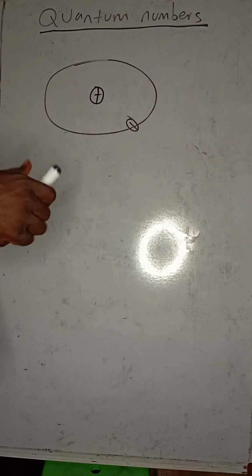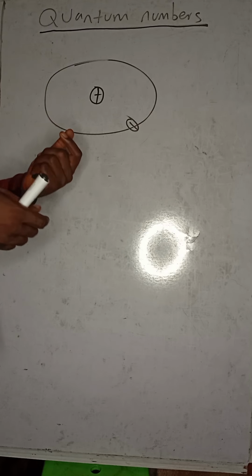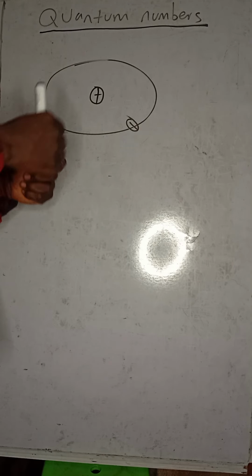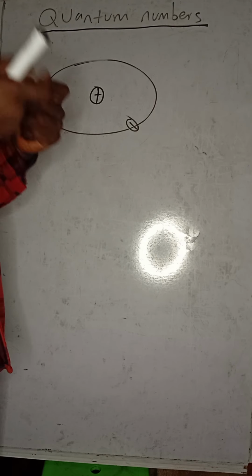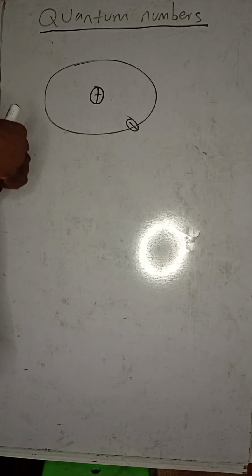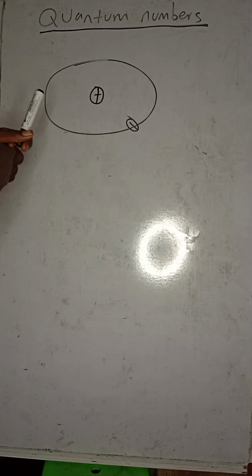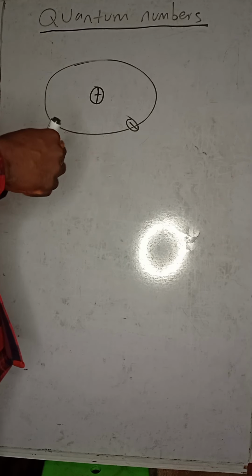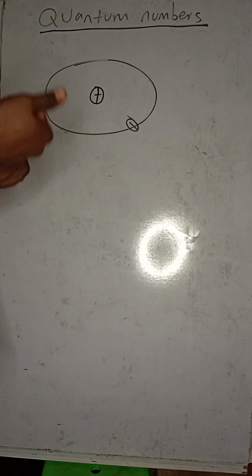So modern theories have assigned quantum numbers to electrons, to be able to easily locate them, and to quantify and qualitatively analyze them, that is, count them for an atom.